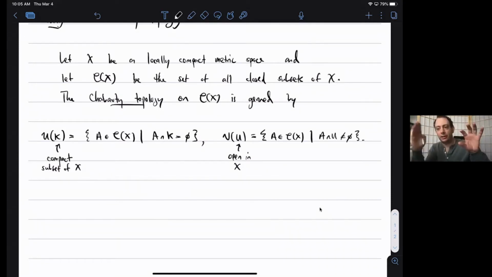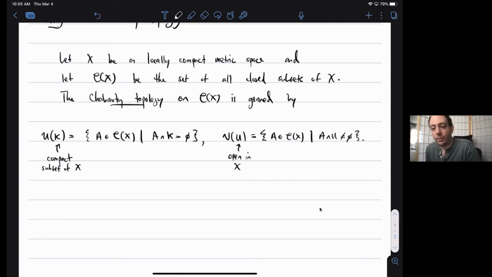Because if I take a closed subset that doesn't intersect this compact set, and I wiggle the closed subset slightly, it still shouldn't intersect the compact set. Okay. And similarly, if I take a closed subset that intersects an open set, so I have this little ball somewhere, and then I have this closed subset that intersects it, if I wiggle the closed subset a little bit, then it should still intersect the open set.